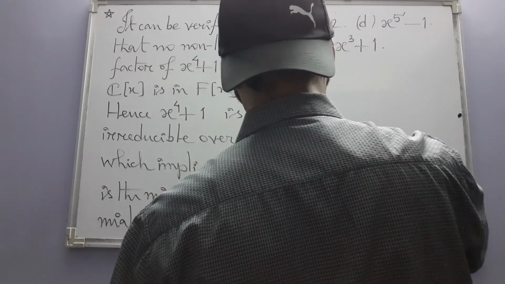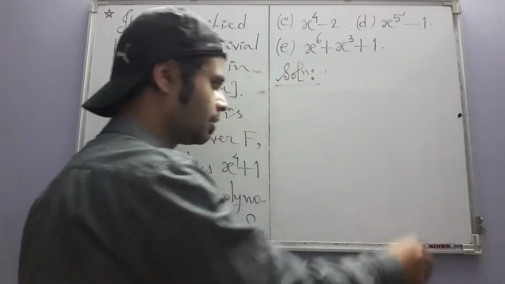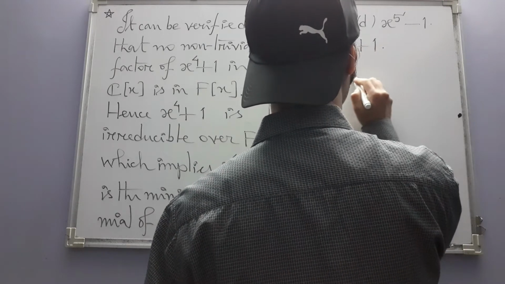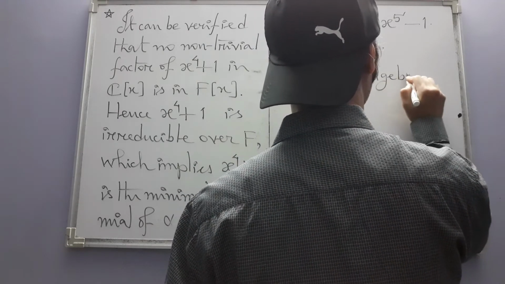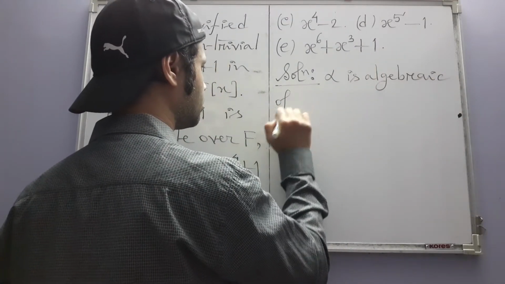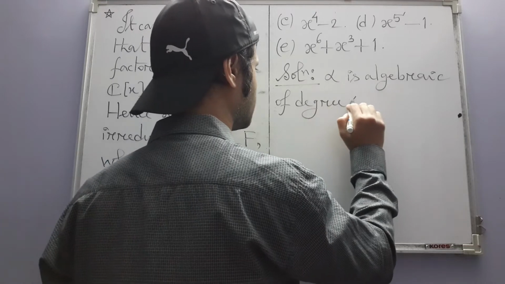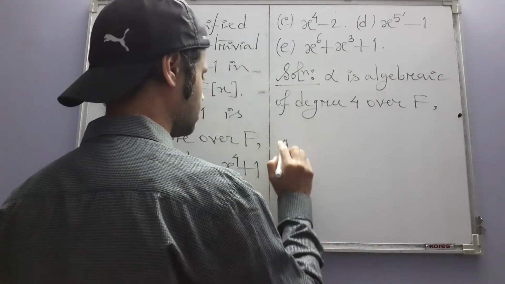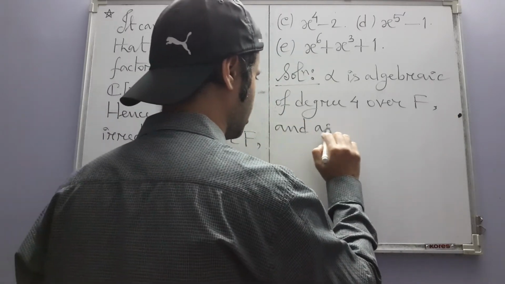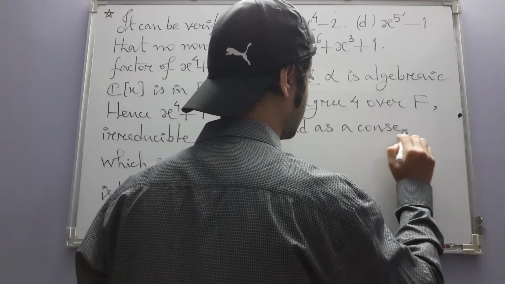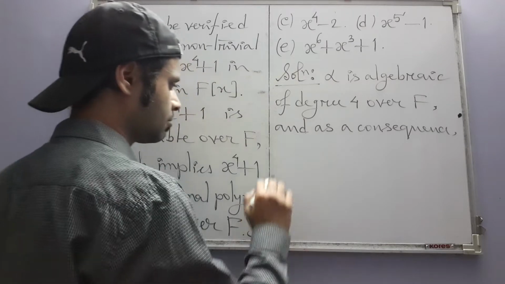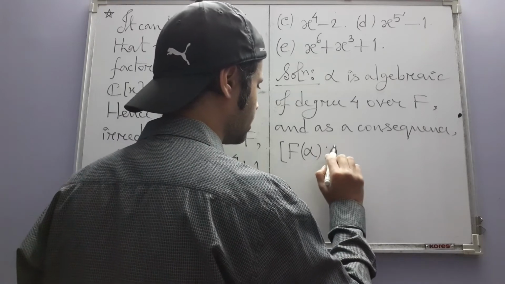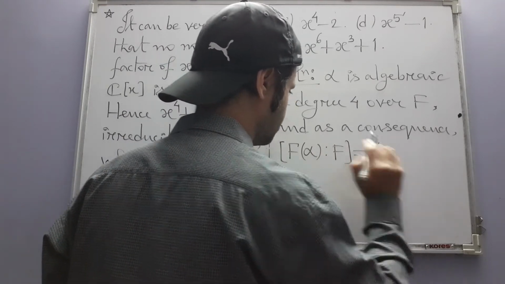In other words, alpha is algebraic of degree 4 over the field of rational numbers F, and as a consequence the degree of the extension F(alpha) over F is equal to 4.